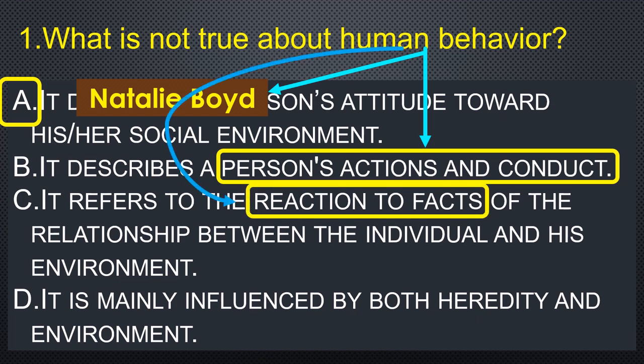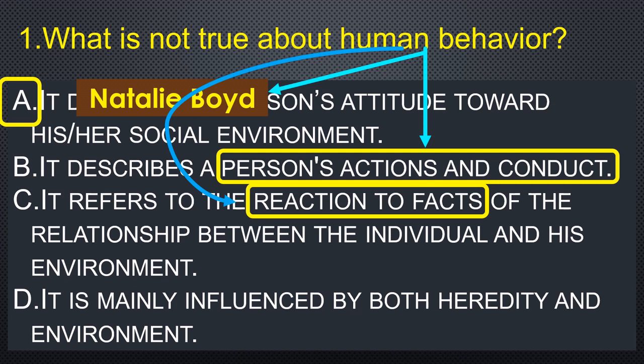paano ka mag-react sa mga nangyayari sa kapaligiran mo, or how you relate with your social and your physical environment. Just like, for example, if you are victimized by a crime, or if your place is affected by a calamity, and there is a deterioration of your physical environment, then how do you react to your physical environment?